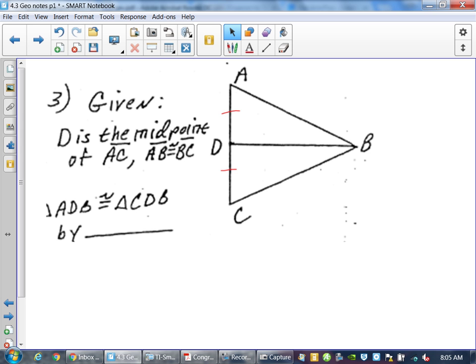Have your progression sheet up too, guys. Since there was a midpoint, we marked it. According to your progression sheet, a midpoint creates 2 congruent segments. Mark the diagram. Now you know what segments they are. After that, you went to the next given: AB and BC are the same.